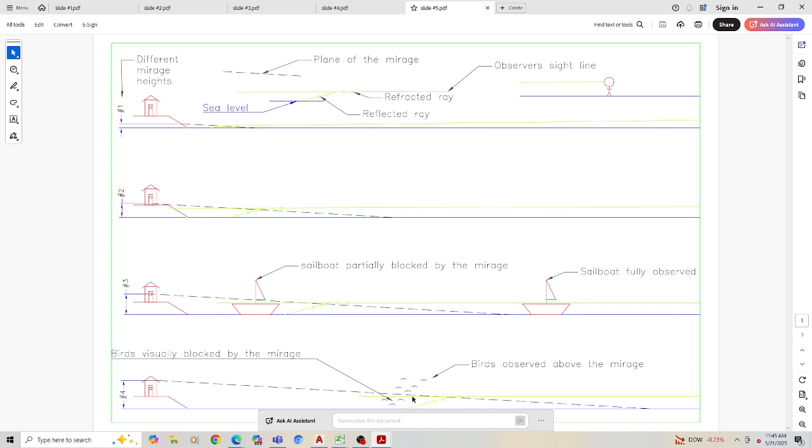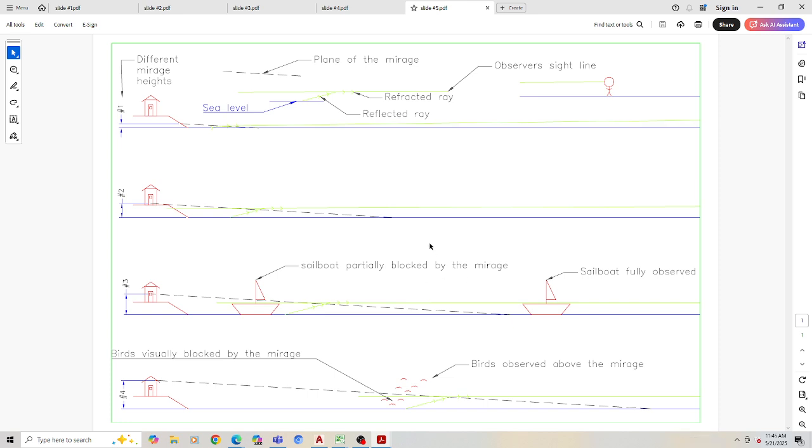That light will not make it to the observer. This light will. This full sailboat will make it to the observer. Anything below the plane of refraction will not. That's why we see bottom up. That's why we see everything obscured to a window height, to a roof height, to a particular spot on the shoreline.